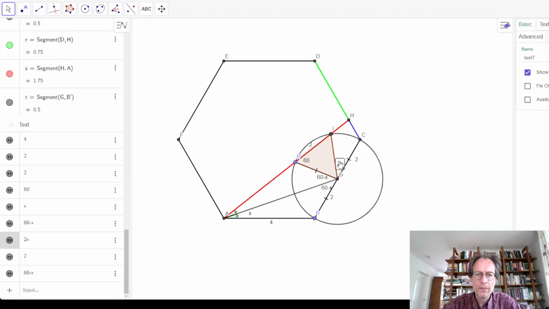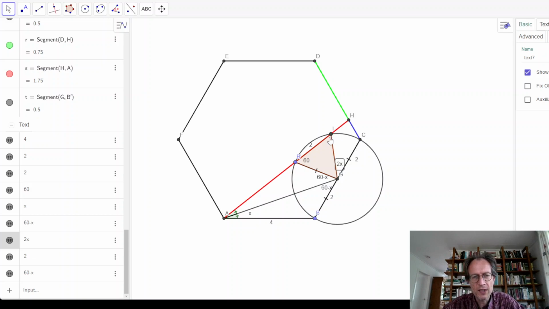Now, because again we have here a kite, because this is an isosceles triangle, the angles here are also the same. So this is 120, this is 120.